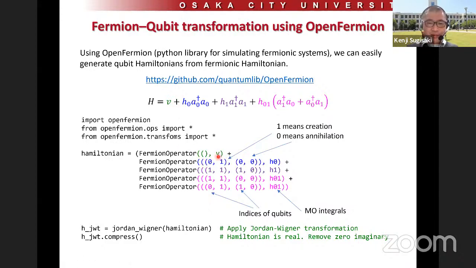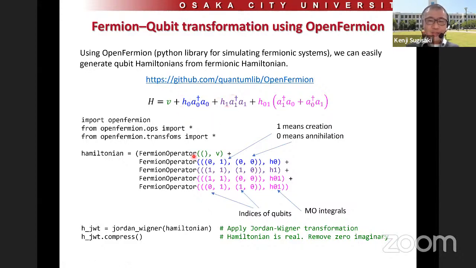In this term, the 0 with 1 corresponds to the creation operator, so apply the creation operator to qubit 0. And in this term, the 1 in the second position means the annihilation operator, so apply the annihilation operator to qubit 1, with coefficient h0. So this line corresponds to the definition of this term.